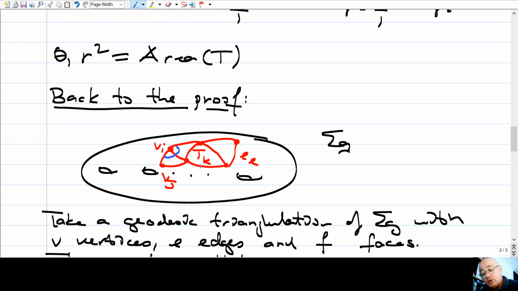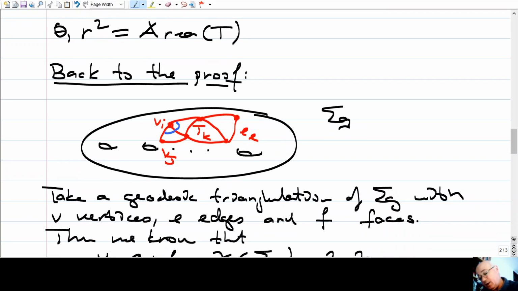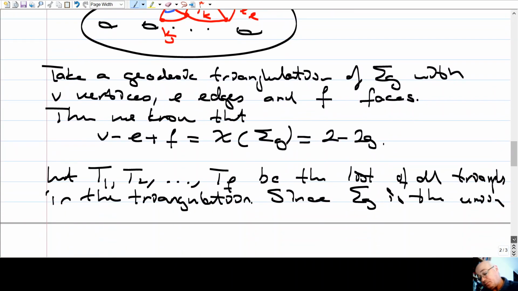So the sum of the angles of the triangles will be 2 pi times the number of vertices, because at each vertex the interior angles add up to 2 pi, and we have v vertices.